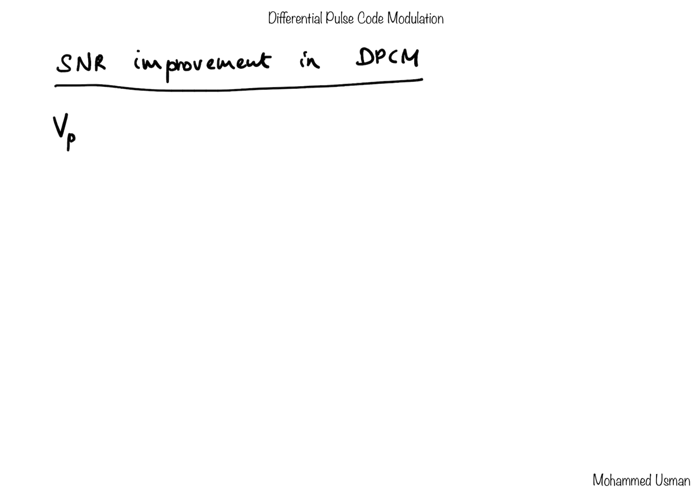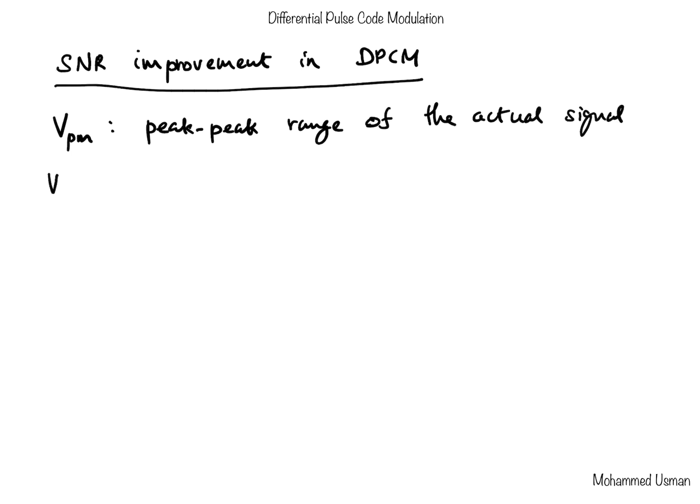We'll denote VPM, V subscript PM, as the peak to peak range of the actual signal, and we will denote VPD as the peak to peak range of the difference signal.